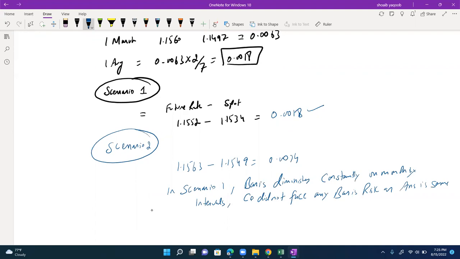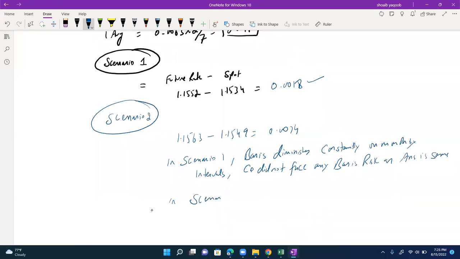But in scenario 2, the basis does not diminish constantly on monthly intervals.